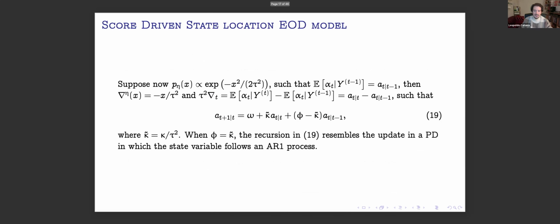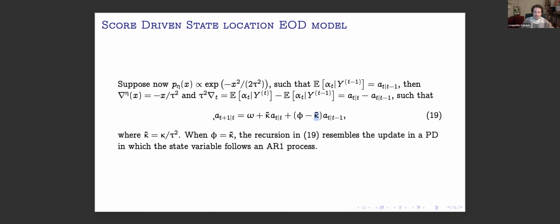And we obtain that in a score-driven model that has been set up in an extended observation-driven way, where the shocks of the state variable are Gaussian, we obtain a recursion which again resembles the one of the Kalman filter. And specifically, when phi is equal to this kappa tilde, which is simply a function of the parameters of the model, then we obtain exactly what we would have in the Kalman filter.